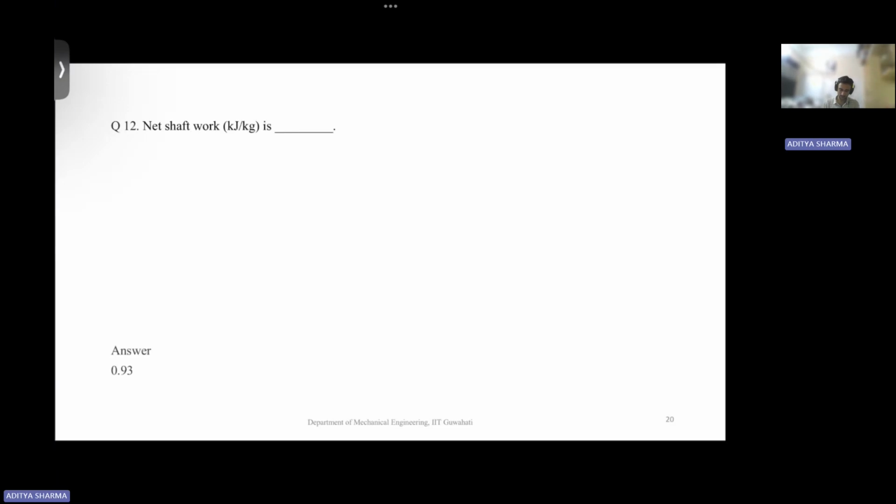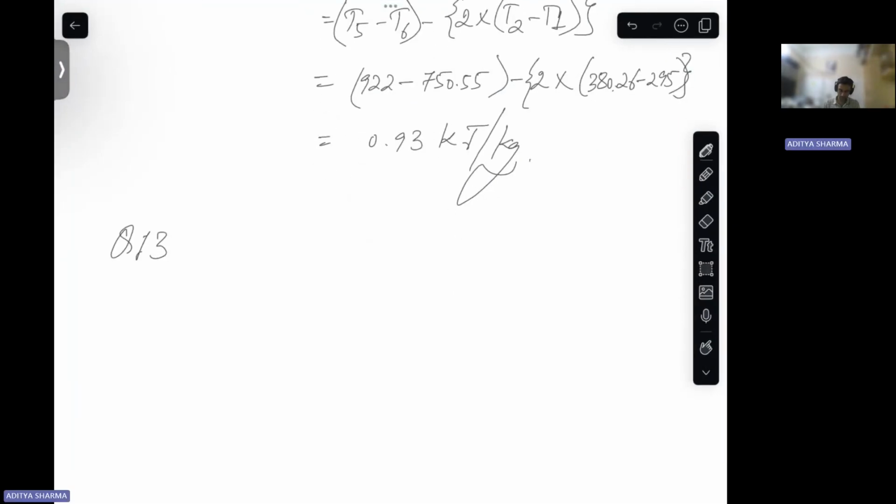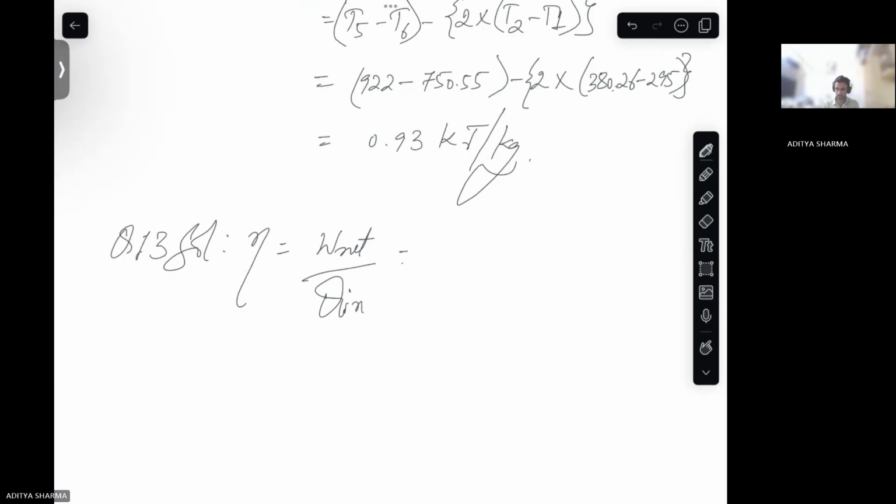Okay, shaft work. Then thermal efficiency of the cycle, question number 13. Thermal efficiency is W net by QA. So 0.93 divided by Q in, 254.18.